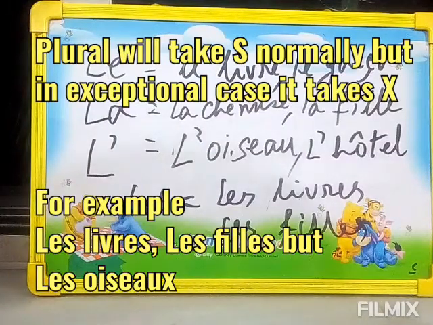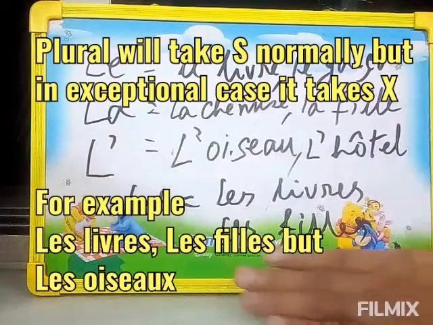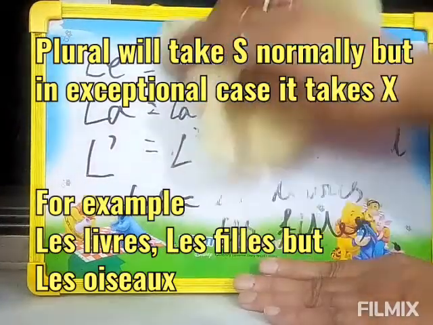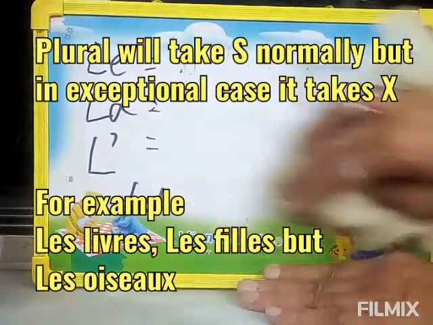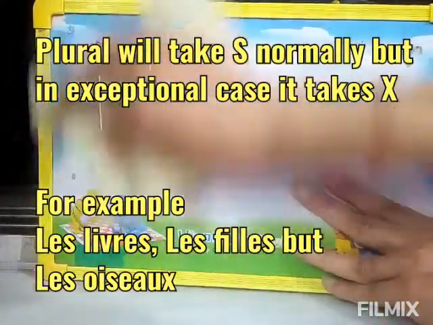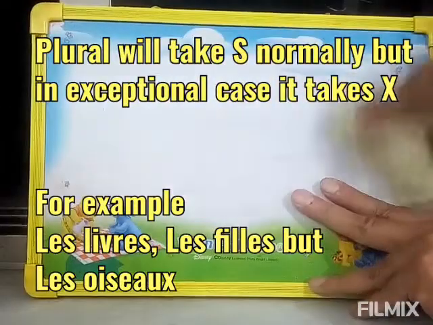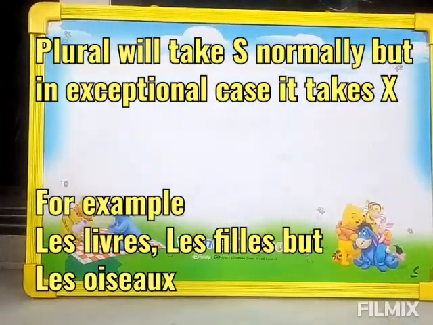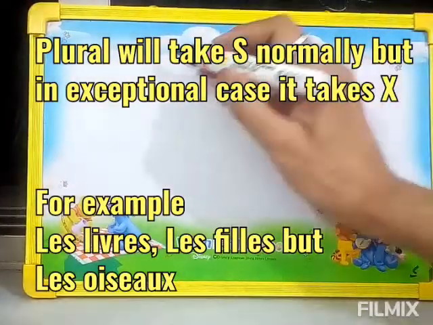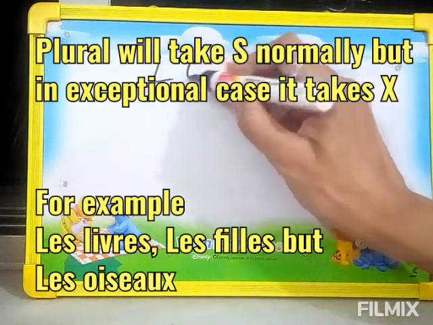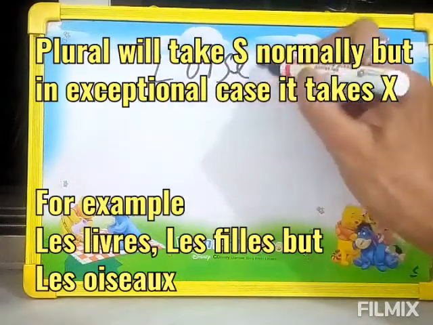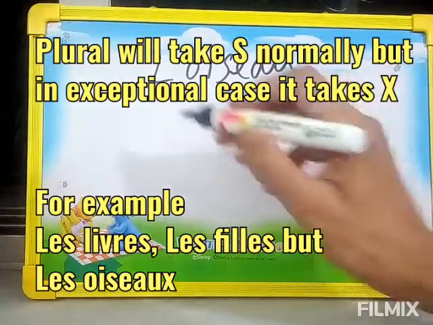But in French grammar, the plural normally takes s, but in some cases there are exceptional plurals. I am showing you one word starting with a vowel. I have written here l'oiseau. L'oiseau means the bird in English.